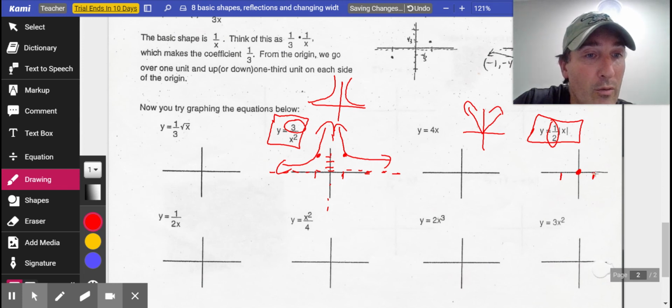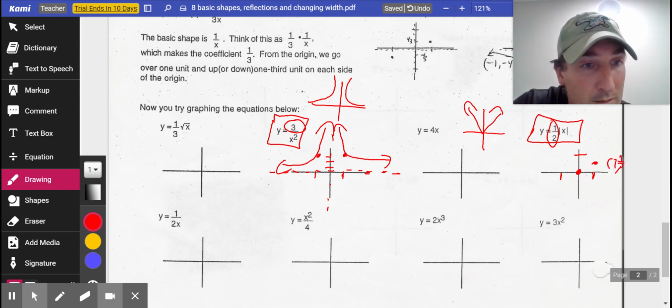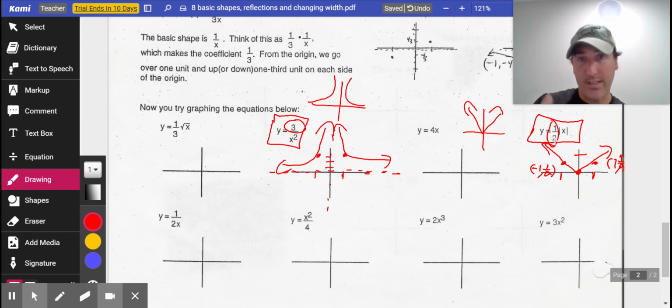So when you go to the right one, you only go up 1/2 a unit. It's right there. And if you go to the left one, you only go up 1/2 a unit. Okay, connect it, and we have our domain. Again, I'm skipping domain and range, but we should always do domain and range for all of these.